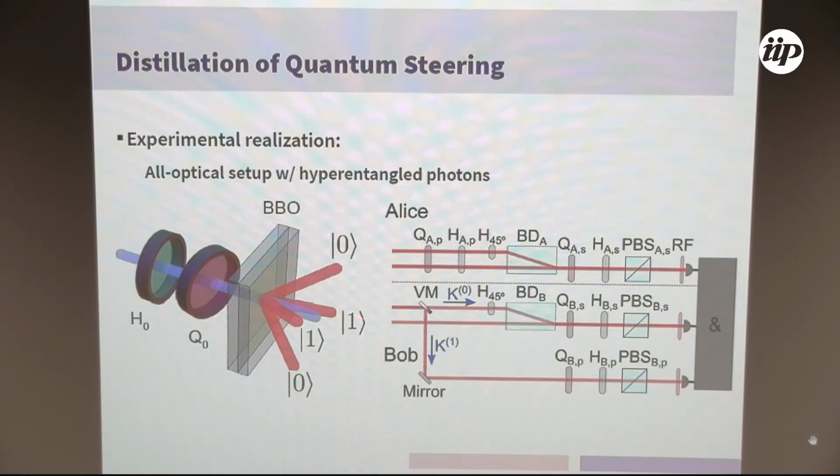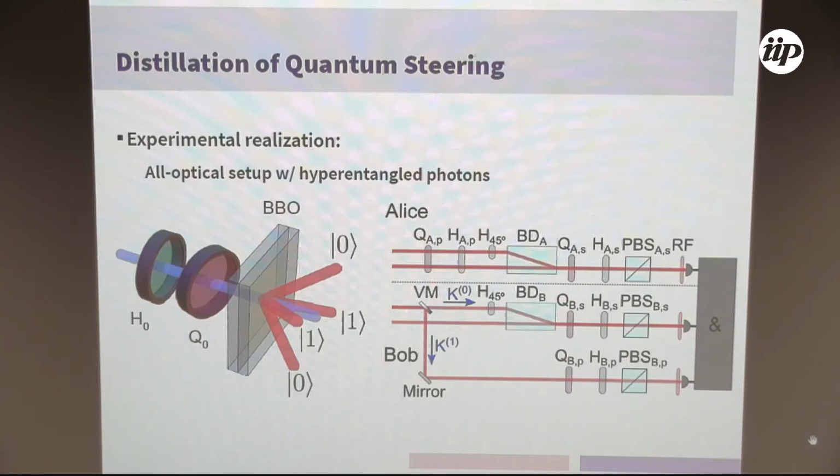In these 2 degrees of freedom, we implement the 2 copies of the original assemblage. In this setup, we consider one side as the side where we don't trust the measurements, and implement the 2 black boxes here. On the other side, we implement the measurements and also that map of the local filtering.